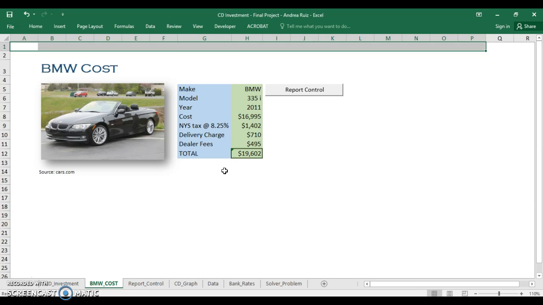I finally found a good deal and the cost of this car is $16,995 plus the New York state tax and the delivery fees, which comes to a total of $19,602. Over here you can see the picture of this beautiful car and I found this deal at cars.com.